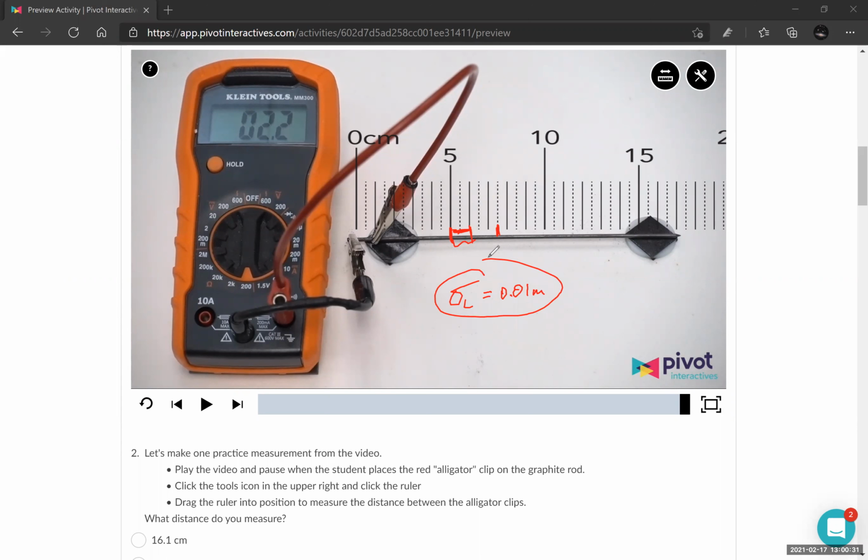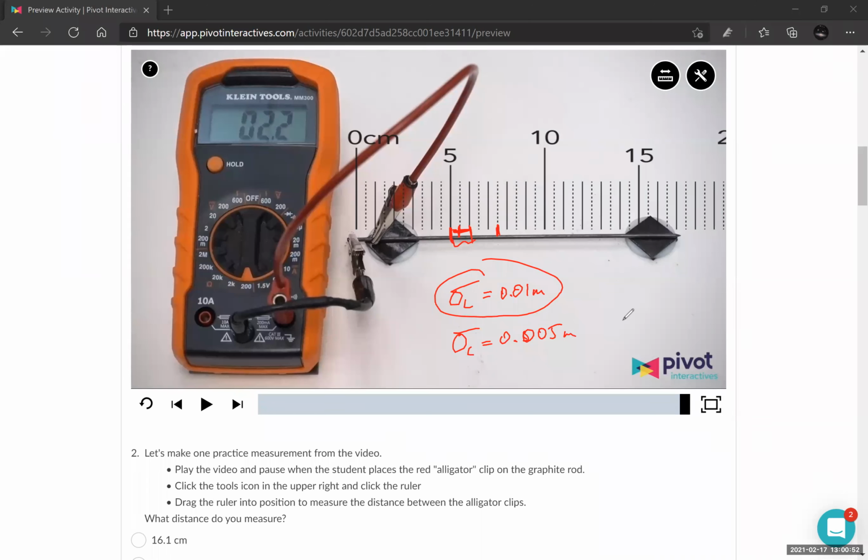But this particular ruler allows us to even measure directly between those lines. That means we can say that our precision can be even half of that, so basically 0.005 meters. Okay.